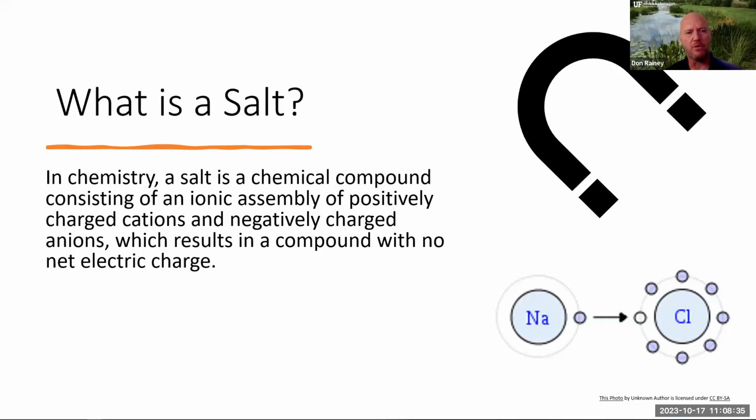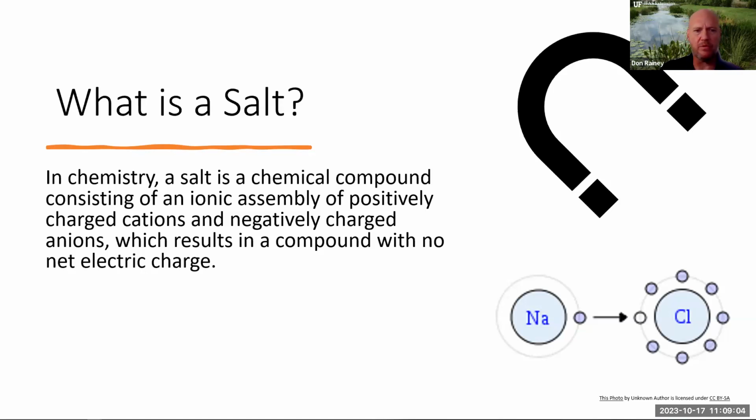A salt is a chemical compound consisting of an ionic assembly of positively charged cations and negatively charged anions, which results in a compound with no net electrical charge. As you can see here, sodium and chloride share that bond, and once they are together, they create what we call the compound salt.